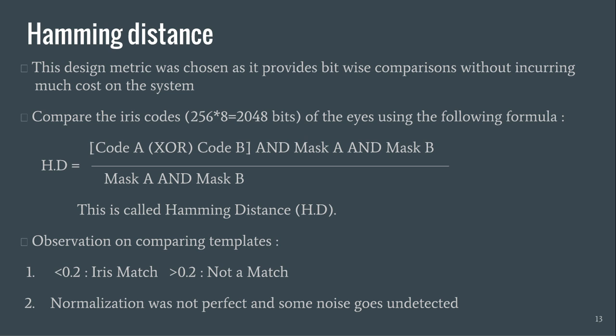Also, what I observed was normalization was not perfect and some noise goes undetected, due to which the threshold, 0.2, is not good. It should be as large as possible. So let's go into the demo part.